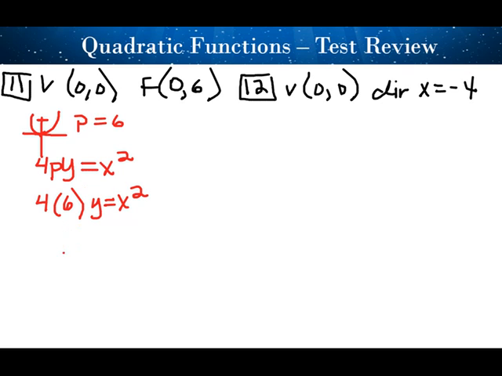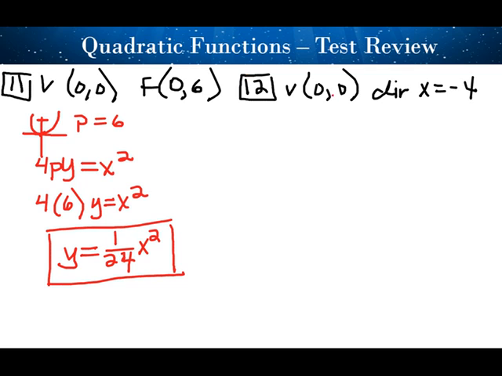And then I'm going to write it like we're used to seeing it. So I'm going to put the 24, divide the 24 on the other side. And so that's just going to be 1 over 24 x squared. And that's my answer.